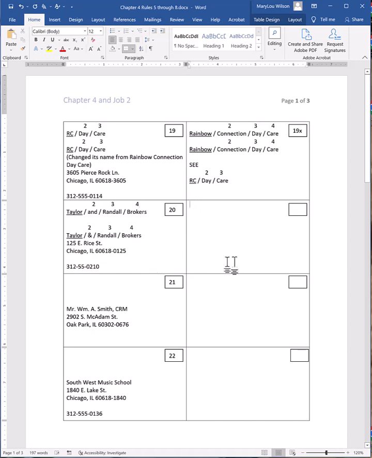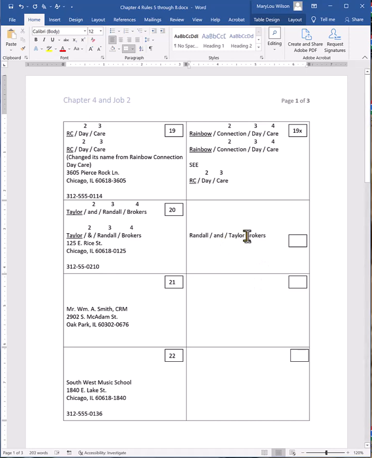Now, however, let's come over and add the cross-reference. So I'm going to cross-reference Randall and Taylor Brokers. Now what I've done here is simply reverse the order of these two names. That's all I've reversed.